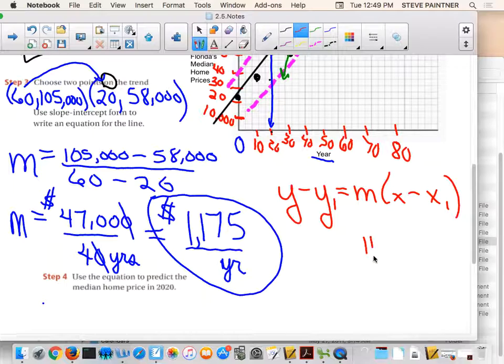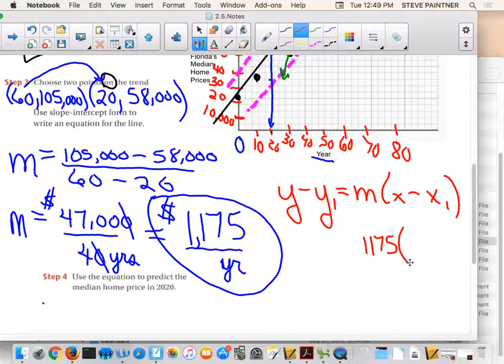Just do this one with what you have. I didn't use 23,000. If you would have used 23,000, you probably could have got away with that. I didn't use it, though, so I can't.